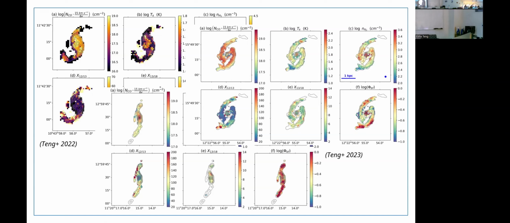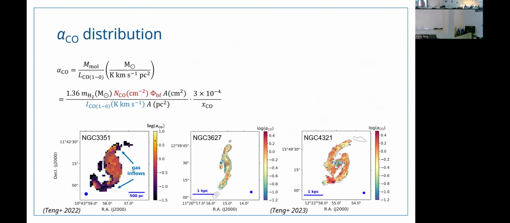But our further goal is to compare these molecular gas properties with the alpha CO distribution, which we can also derive in a similar way using the same model parameters, the CO intensities and the CO to H2 abundance ratio. So here are our derived alpha CO maps.